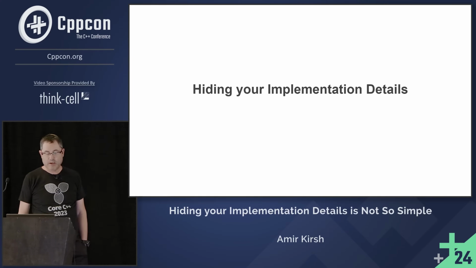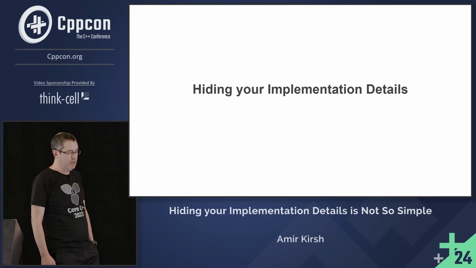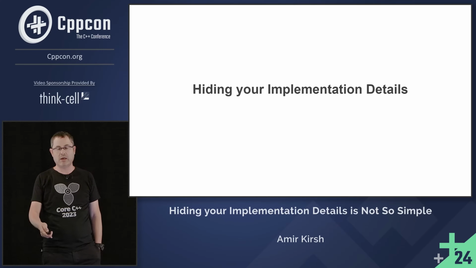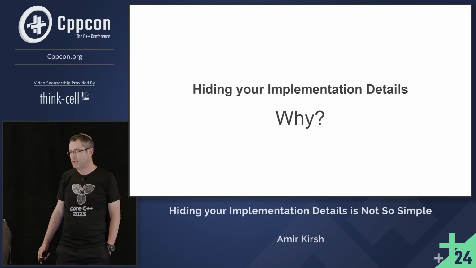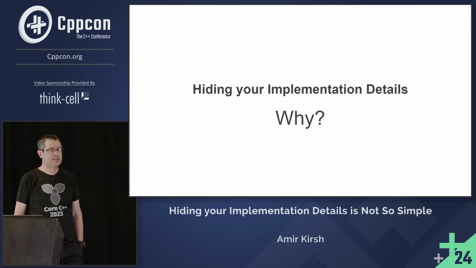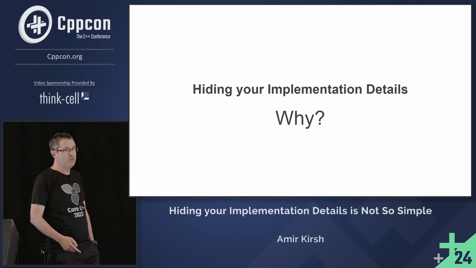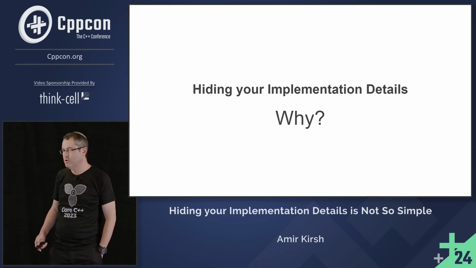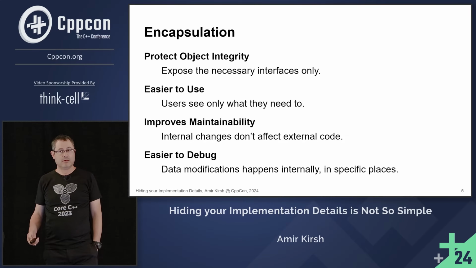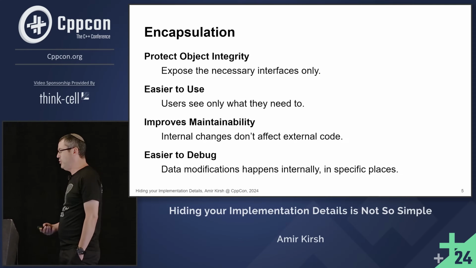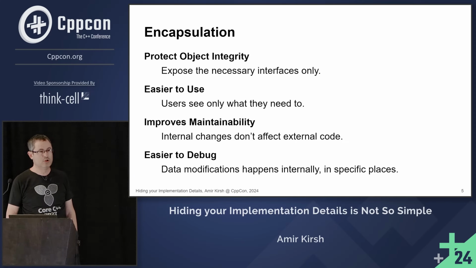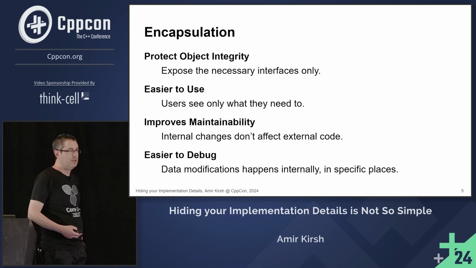So hiding your implementation details, I think that we understand that, it sounds important. This is why you are here, but why is it important? Well, I think that we know in a way that it relates to the principles of encapsulation that bring value by hiding things that the user of your code should not be exposed to.